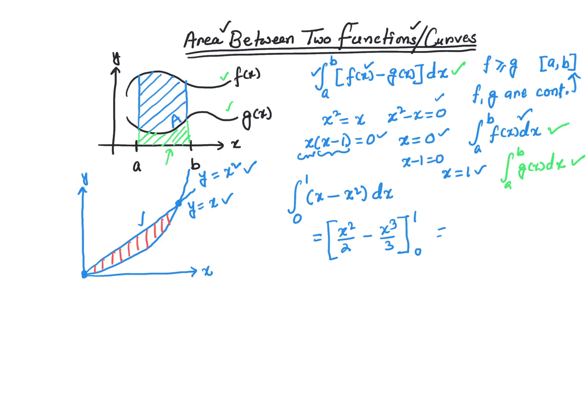For 0, it's going to be 0, so I can just ignore it. For the other case, it's going to be 1 squared over 2 minus 1 cubed over 3, and then minus 0. If I simplify it, I get 1/2 minus 1/3, which is 3/6 minus 2/6, which is nothing but 1/6.